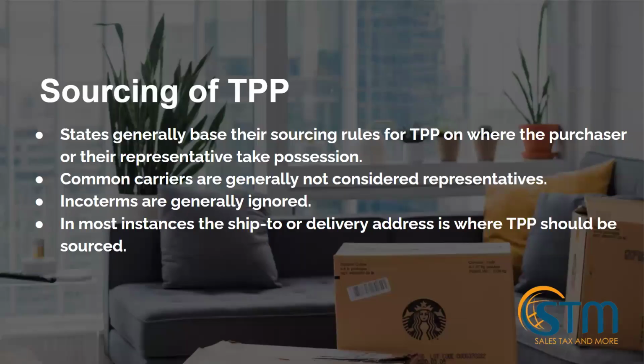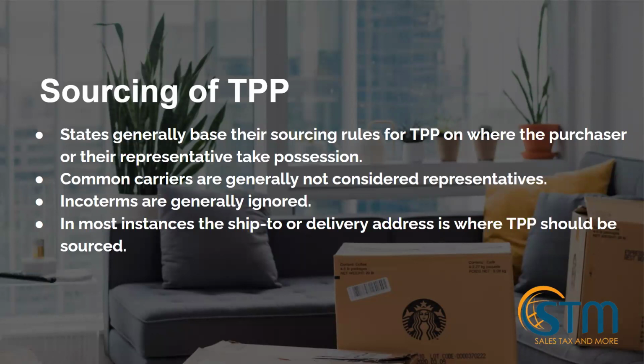And we're going to talk about tangible personal property. That's usually what's drop shipped. Not always, but tangible personal property is something that's perceptible to the senses. You can see it, you can touch it, you can smell it, feel it. So states generally base their sourcing rules for tangible personal property on where the purchaser or their representative takes possession. Incoterms and the like are usually not considered.